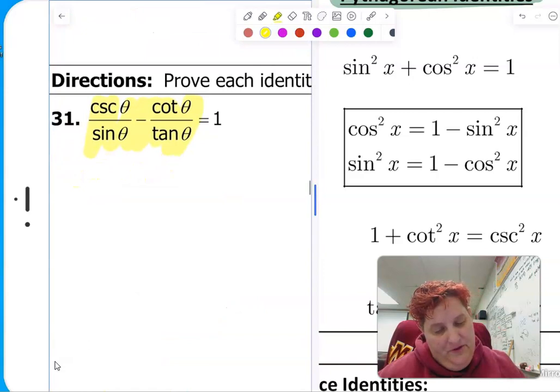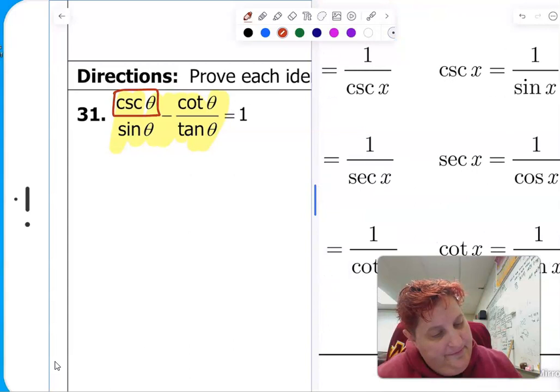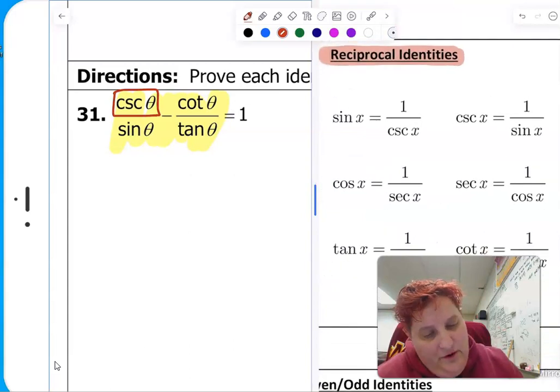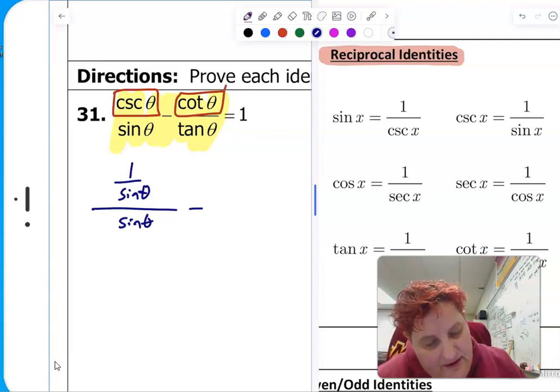Okay, here we go. Guys, I'm going to turn everything into sines and cosines. Okay, cosecant is over here. Cosecant is 1 over sine over sine. And then this one is cosine over sine, sine over cosine.